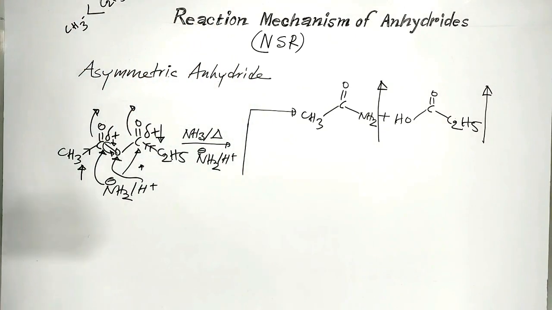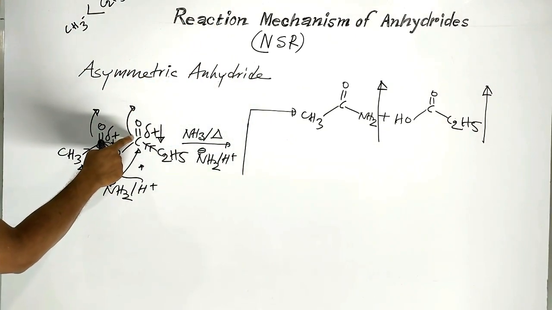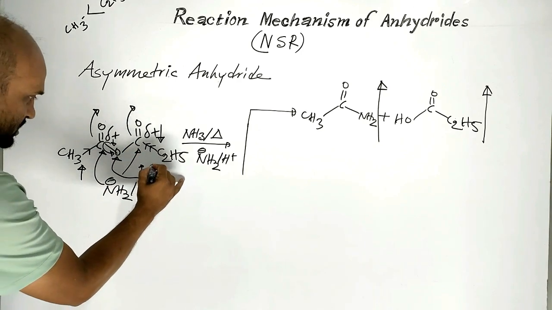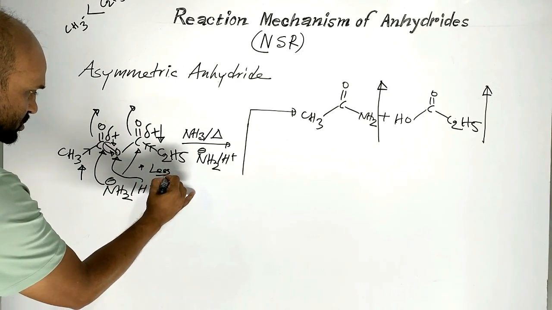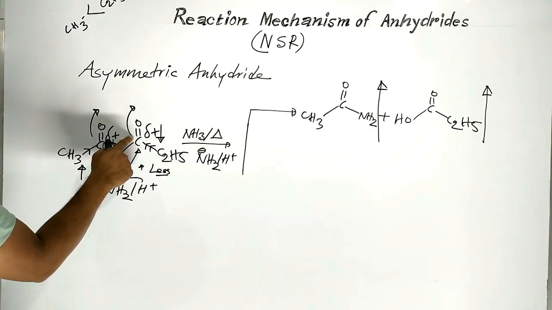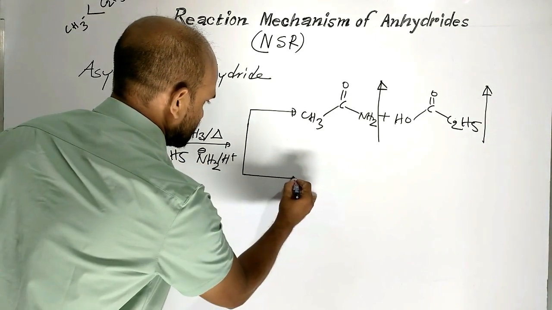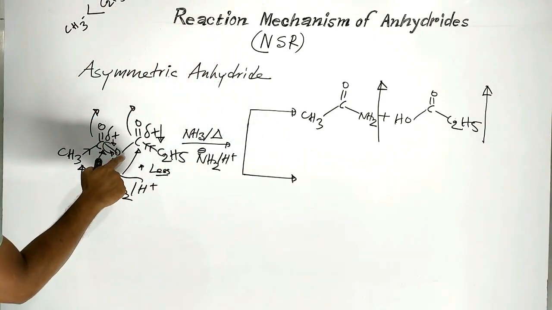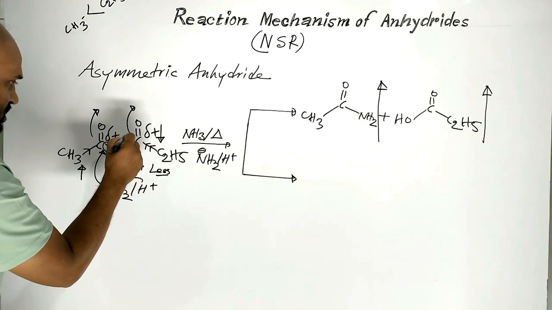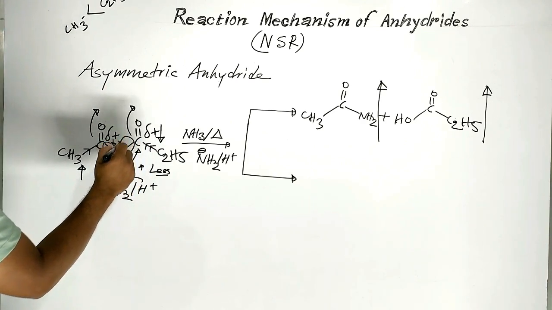Basically, in this reaction a high percentage of ethanamide and a high percentage of ethanoic acid are formed. But at this carbon, reaction also occurs, though this is less in amount. When the nucleophile attacks this carbon, this bond undergoes heterolytic fission.